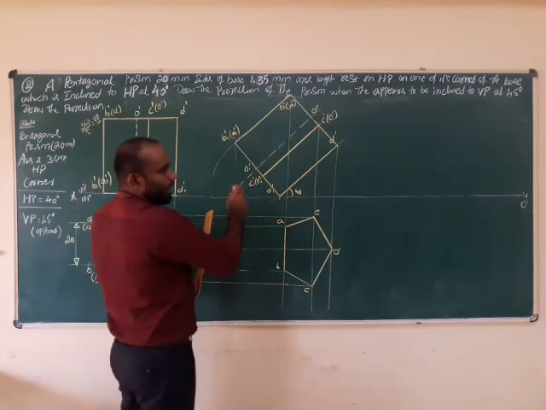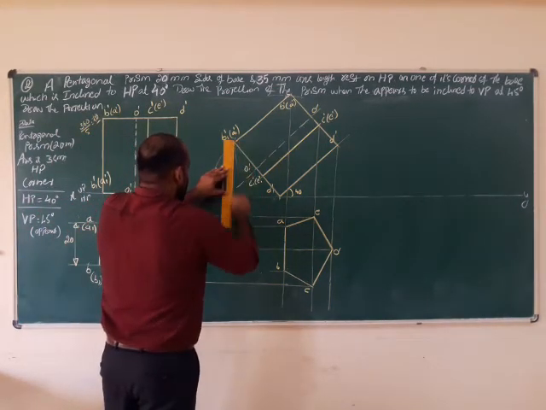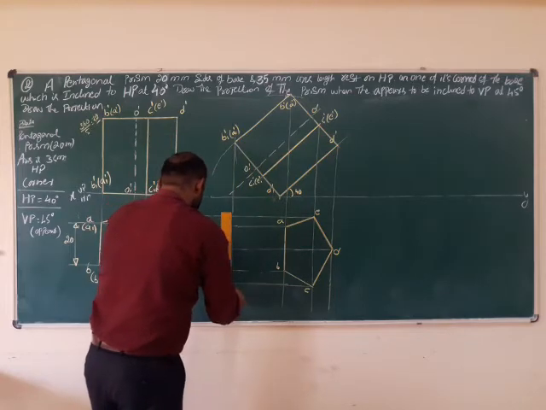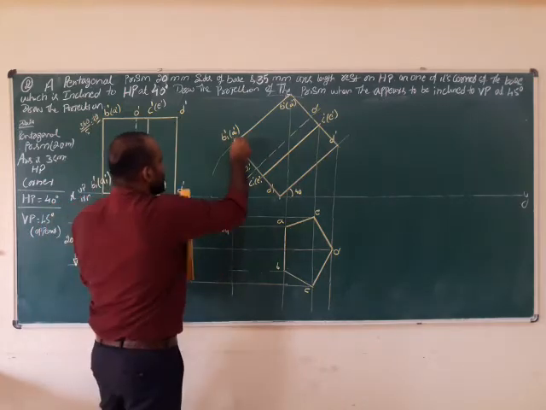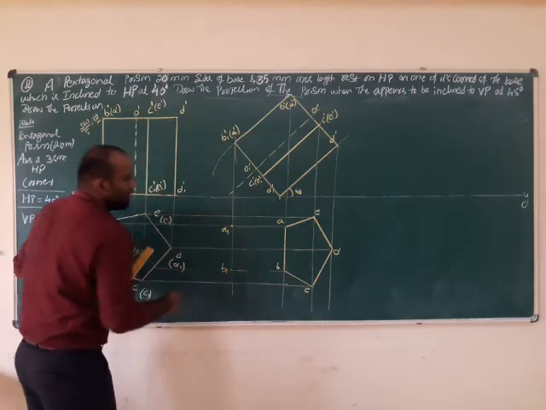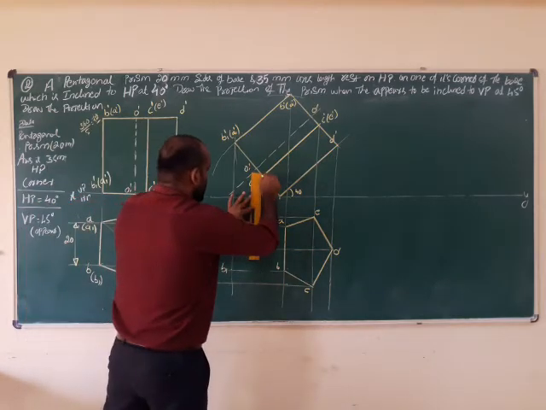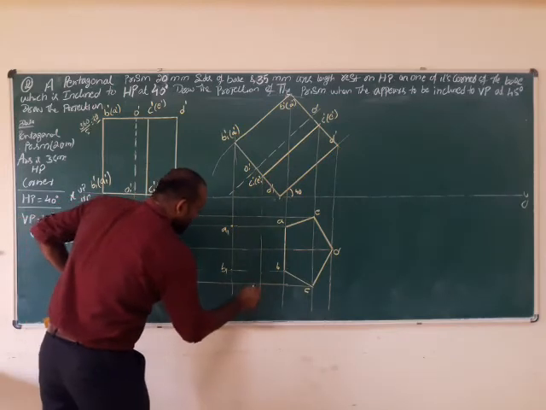Next, you have to find out A1, B1, C1, D1. This point is called A1. The B1 is the same line. That point is called B1. C1 need to project. This part is called C1.